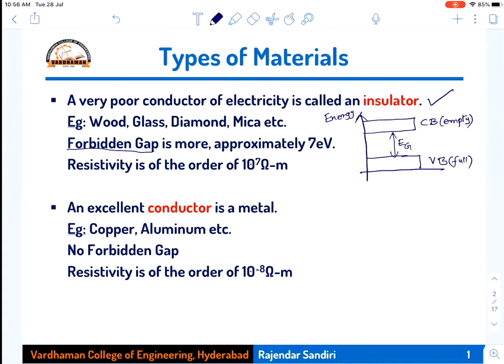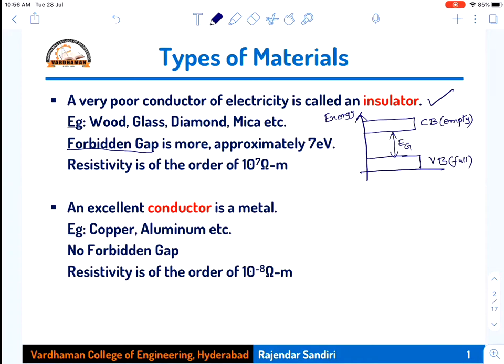So why is the conduction band not having electrons? Because the conduction band is very far away from the valency band. The gap is very large, so it requires a large amount of energy for the electron to jump from the valency band to the conduction band.